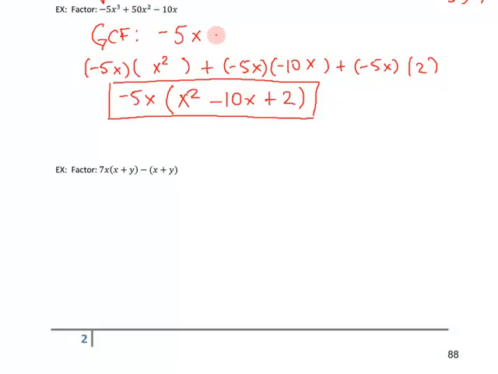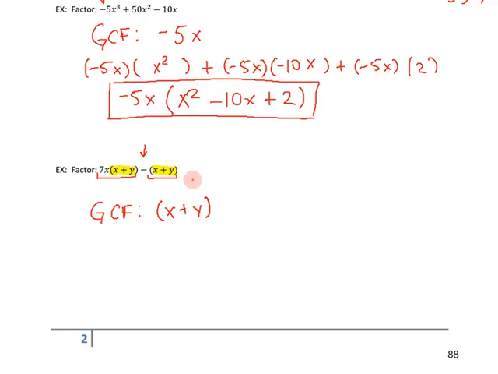Now we see something a little bit different on this example. When we look at the terms of this polynomial, we see that this minus sign right here is separating this term from this term, and they both have in common the x plus y. Correct? So the GCF that these have in common is a binomial, which is perfectly possible in these types of problems.